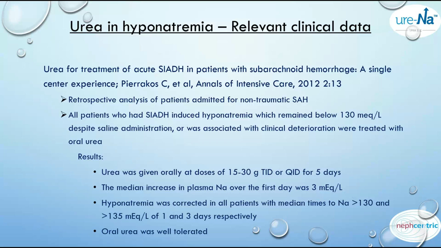The median increase in plasma sodium over the first day was 3 mEq per liter. Hyponatremia was corrected in all patients with median time to sodium more than 130 and more than 135 of 1 and 3 days respectively. Oral urea was well tolerated.